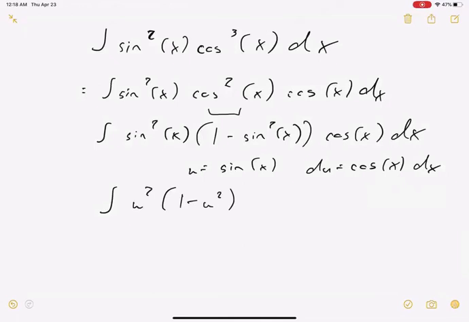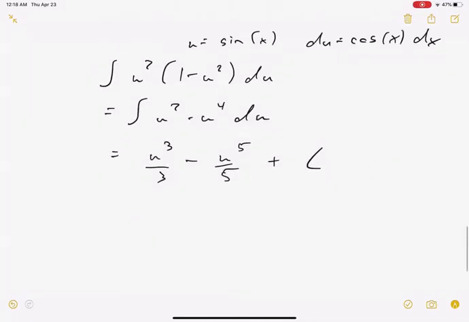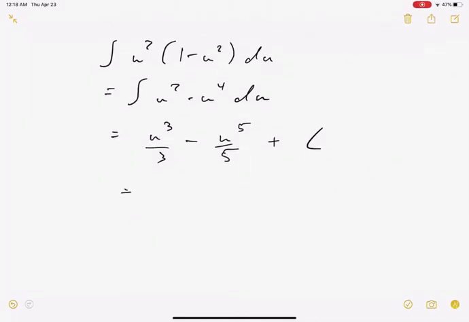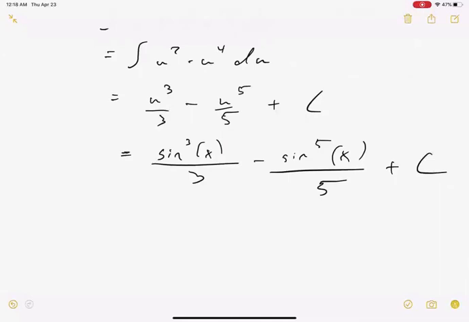Then my cosine dx becomes du. Undoing my u sub, I get this.